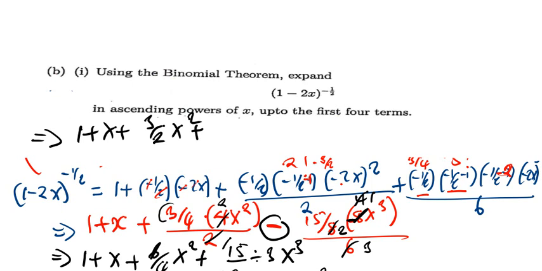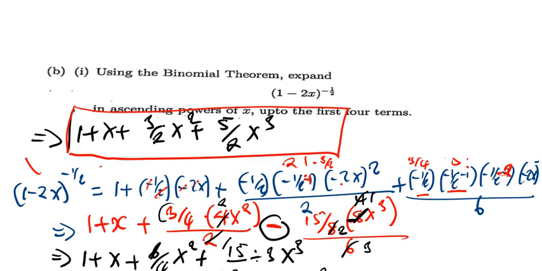So you need to be very much careful. So we have 5 divided by 2 x to the power 3. So 4 terms. This is what we have in ascending powers of x. So this is the answer for our question.